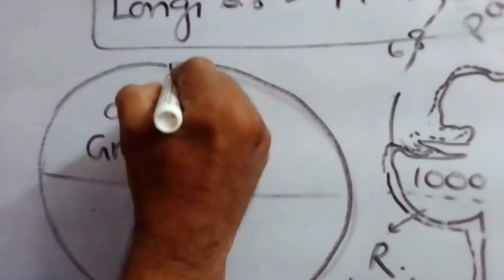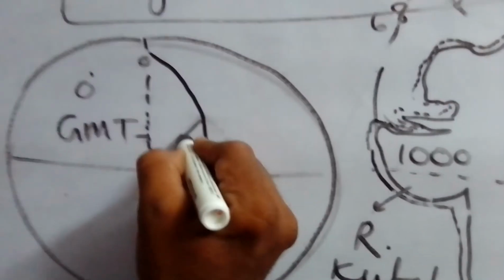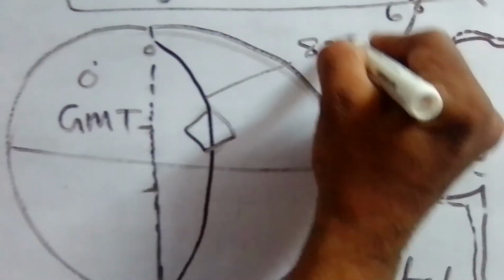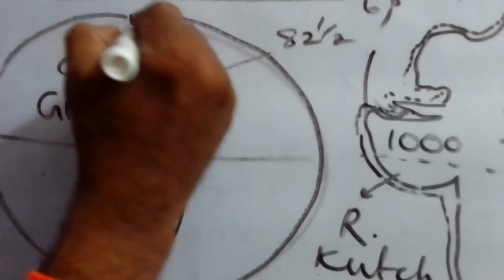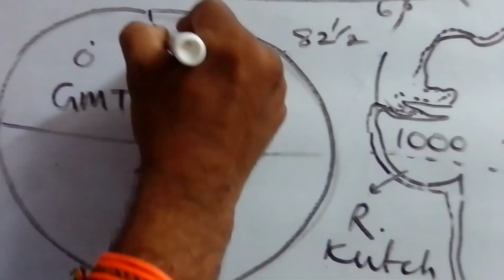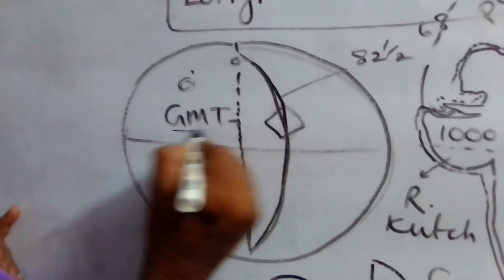And whereas one more line we have to draw, which is passing exactly through the center of our India. So it is to be taken as 82.5 degree. So 82.5 degree eastern longitude is to be taken as the Indian Standard Time, which you are seeing here, and whereas 0 degree longitude is to be taken as Greenwich Mean Time.